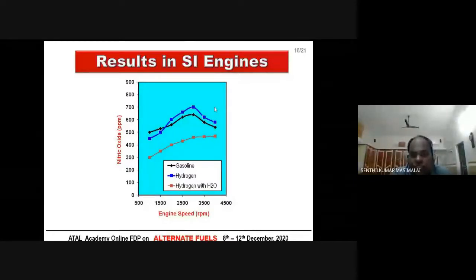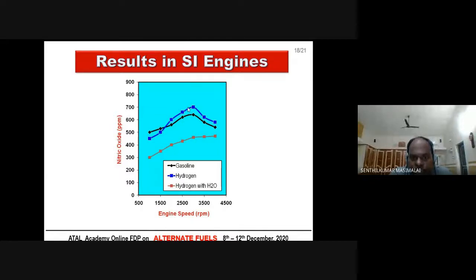Also, gasoline is a volatile fuel. Because of the vaporization behavior, the charge temperature might be lower than the charge temperature of the hydrogen-air mixture. And the peak cycle temperature is lower for gasoline as compared to hydrogen. That's why hydrogen resulted in higher NO emissions.